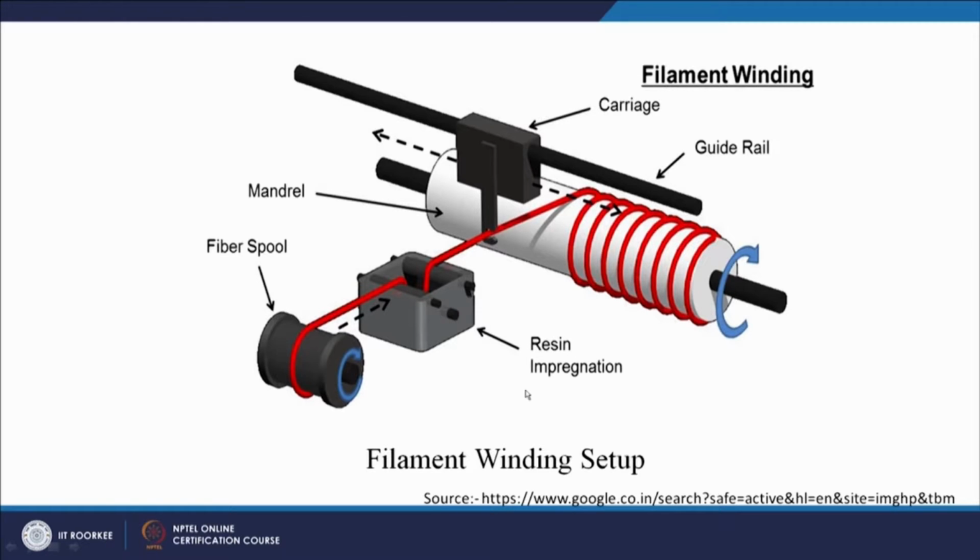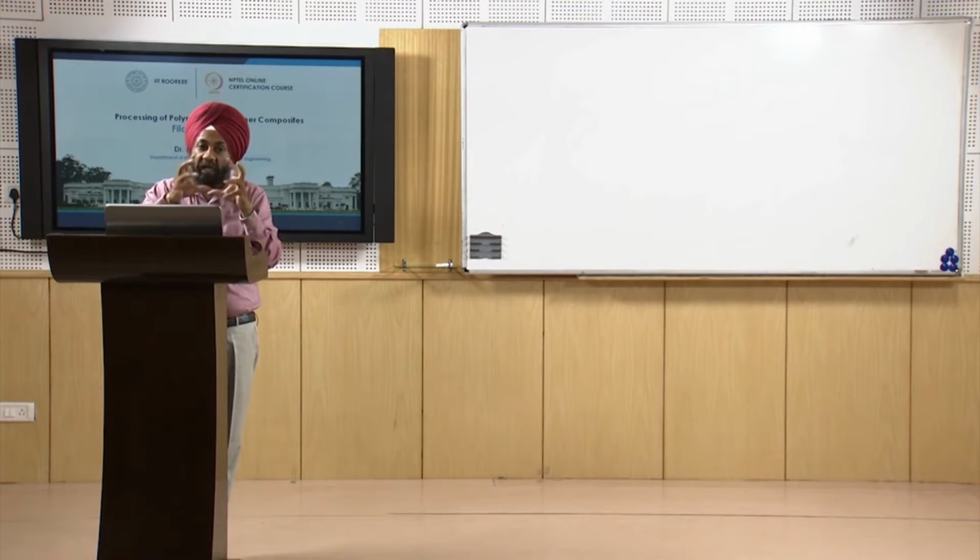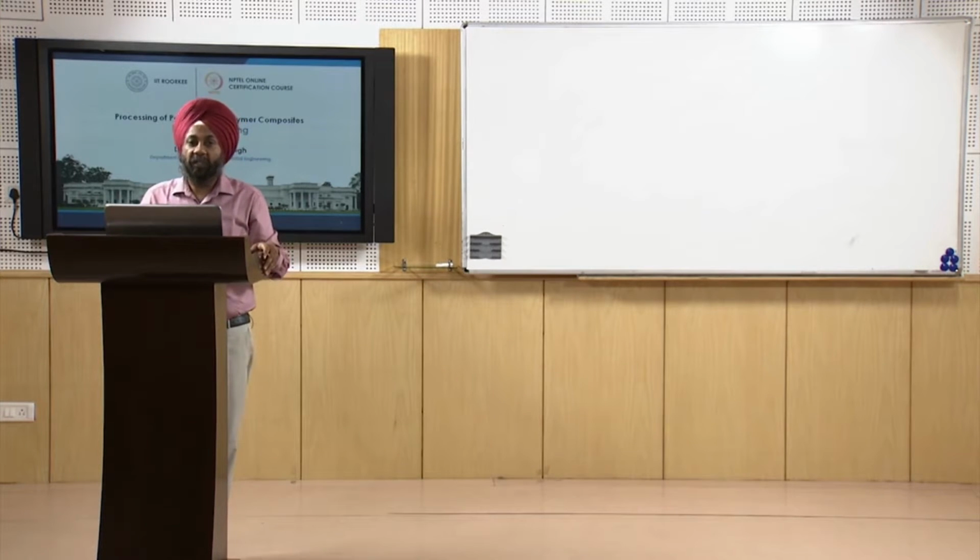So there are 3 or 4 movements: movement of the fiber spool or creel, movement of the fiber, movement of the carriage, as well as the rotation of the mandrel. So you can see that there are a number of movements. We have to synchronize these movements properly, otherwise we will get a defective product.